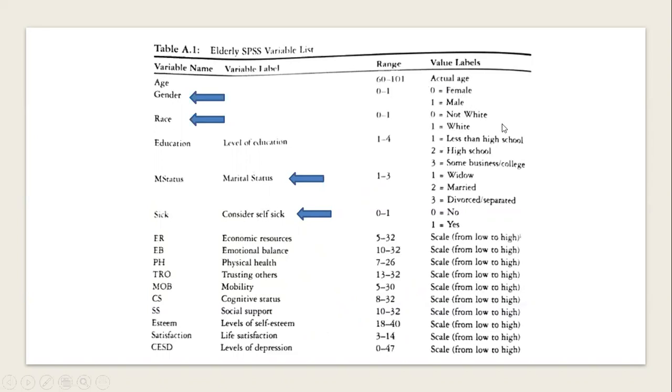And we see that race is captured by two categories, not white and white. Marital status is captured by three categories, widowed, married, and divorced or separated. And considered sick is captured by two categories, no and yes. But as we can see, each of these categories include the names of things, which make them nominal level variables.